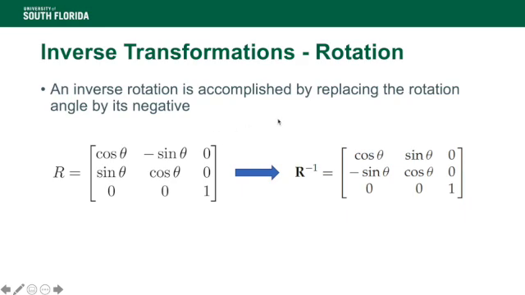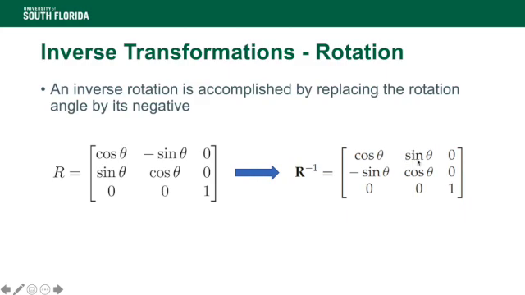For rotation, an inverse rotation is accomplished by replacing the rotation angle by its negative. So for example, if we have cosine of theta, we're going to replace it by cosine of minus theta, but it's the same. In the case of sine of minus theta, we know that it is going to be minus sine of theta.